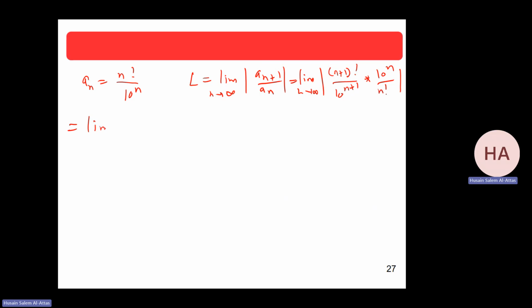That will be the limit of (n+1) over 10, and this limit equals infinity. So this series diverges.